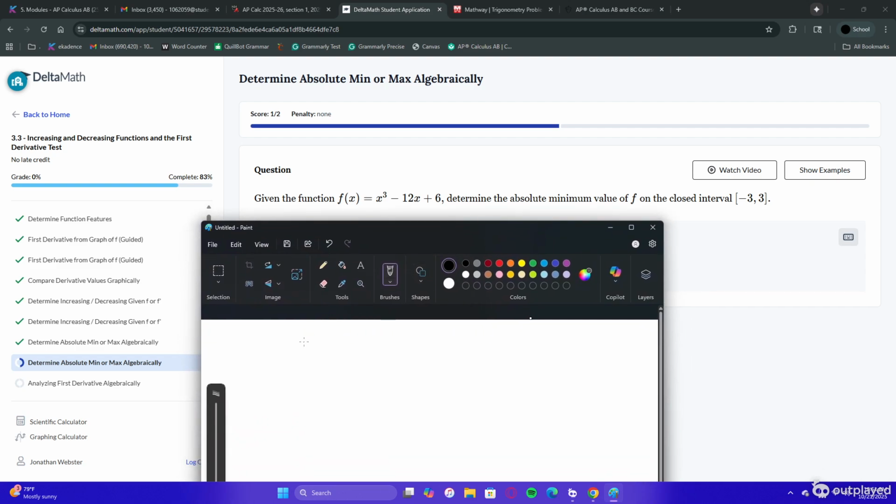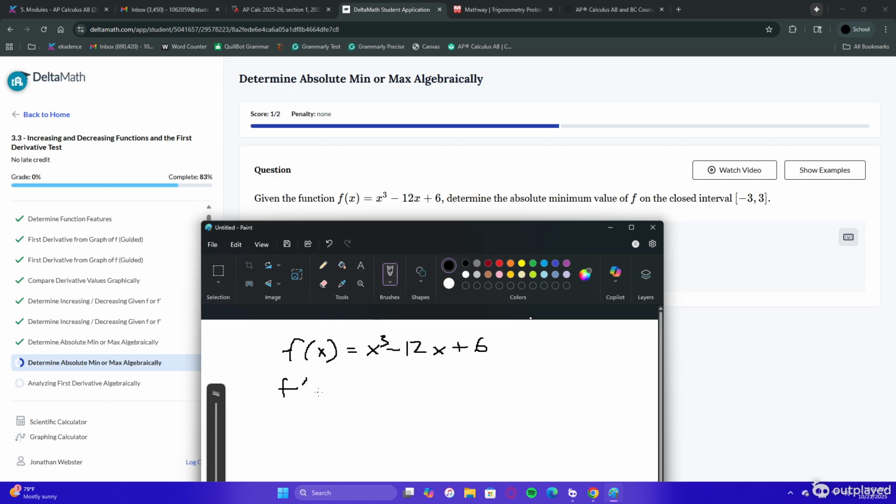Okay, now they give us f of x equals x to the third minus 12x plus 6. And now we're looking for an absolute minimum, and our interval is negative 3 to 3.